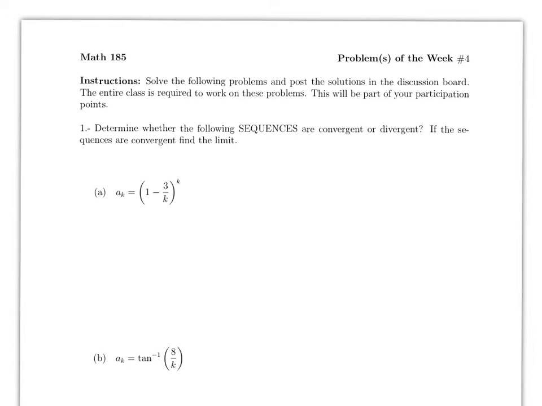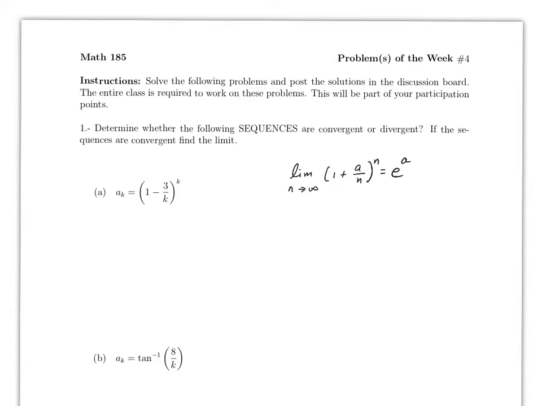Number 1A, you can do it from scratch. From scratch I mean take the limit directly, or you can use a result from Calculus 1 that says the following, and this is one of the most useful limits to remember throughout your mathematical career: the limit as n goes to infinity of (1 + a/n)^n is equal to e^a.